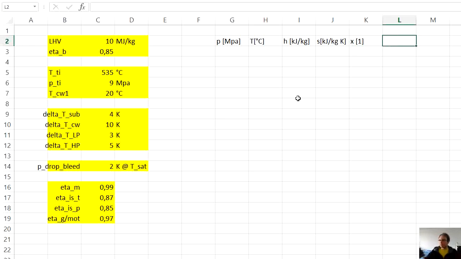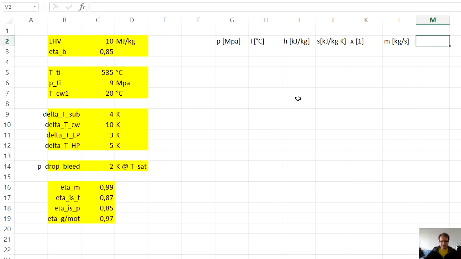We will also need to specify the relative mass flow rate, which will be denoted as M. We can put units as kilograms per second.